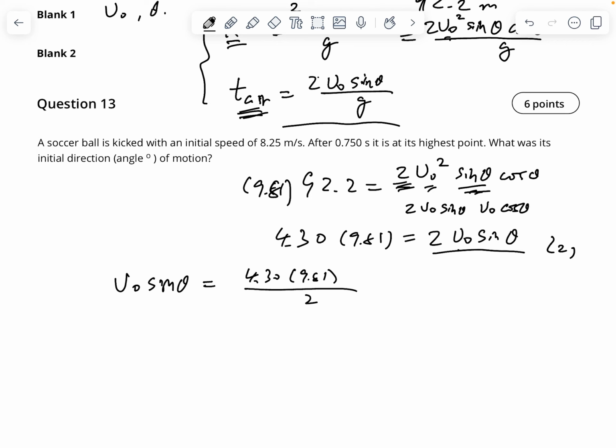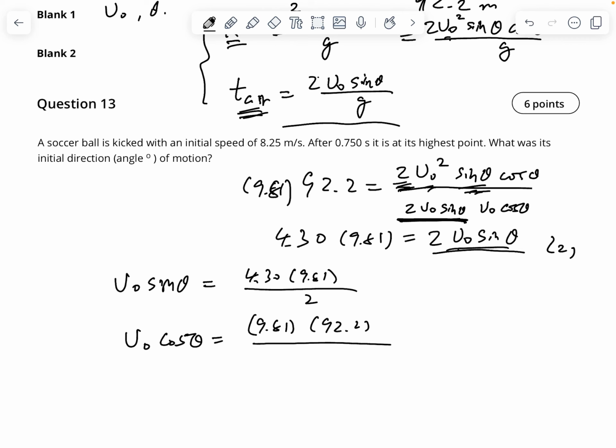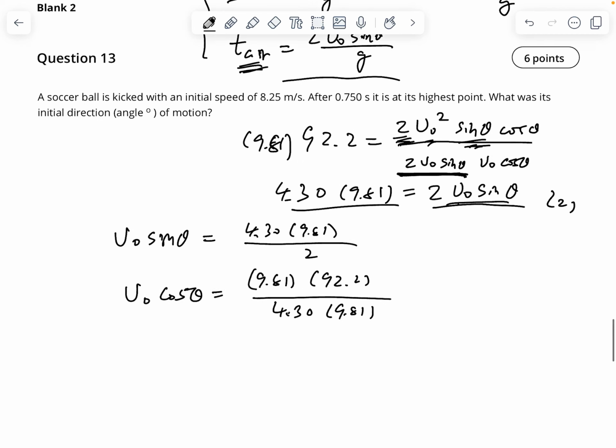So we can tell V naught cosine theta equals 92.2 times 9.81 divided by this 4.30 times 9.81. So we just move things around and we get these two equations. This is 1, this is 2.